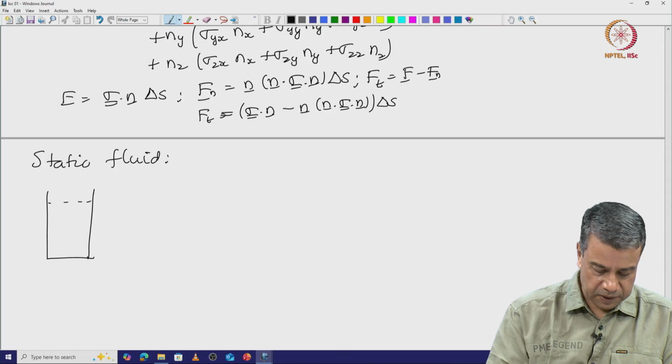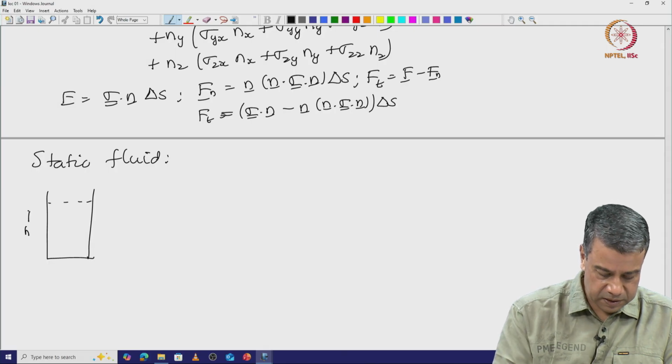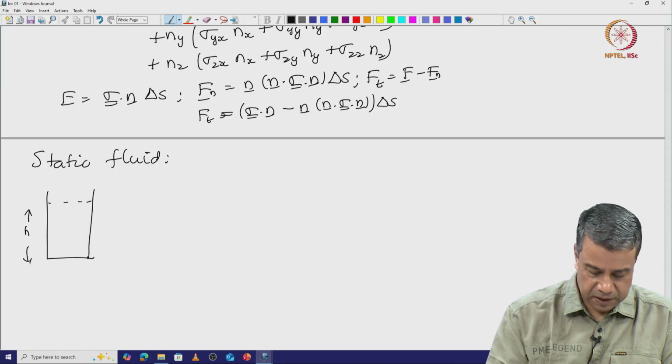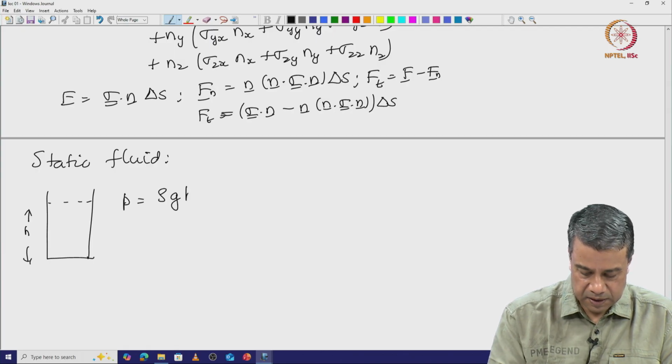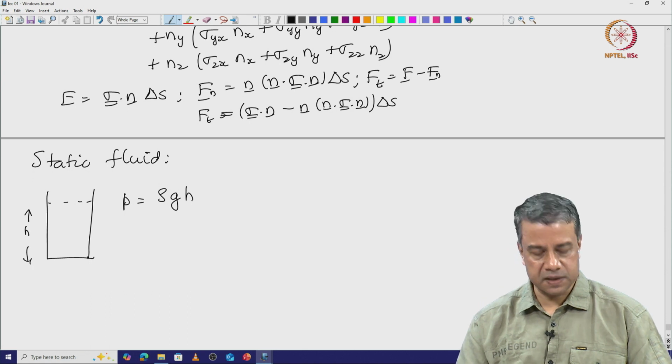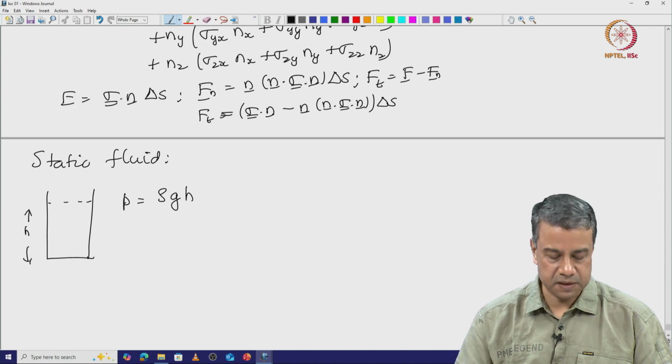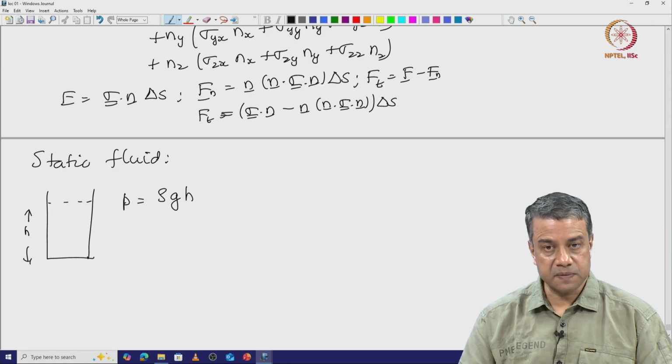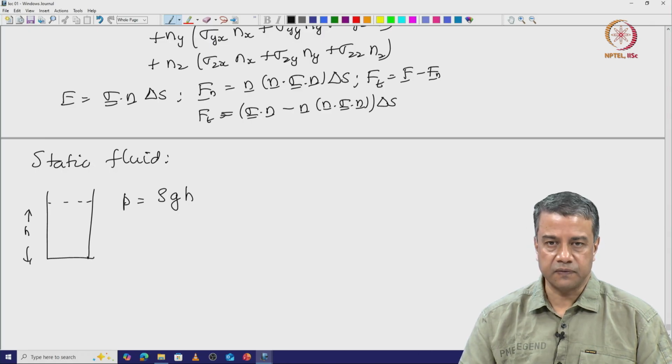You know that if you have a fluid of certain height h, the pressure at the bottom surface P is equal to rho g times h, where rho is the fluid density, g is the gravitational acceleration, and h is the height. This pressure is present even in the absence of flow.